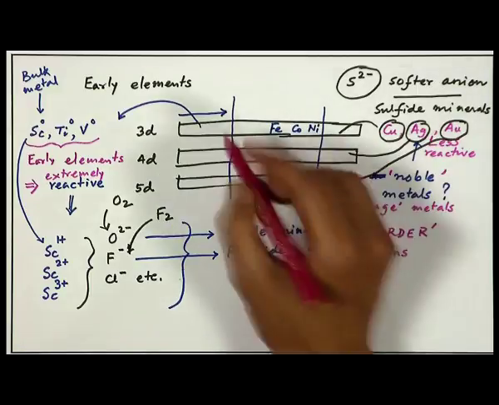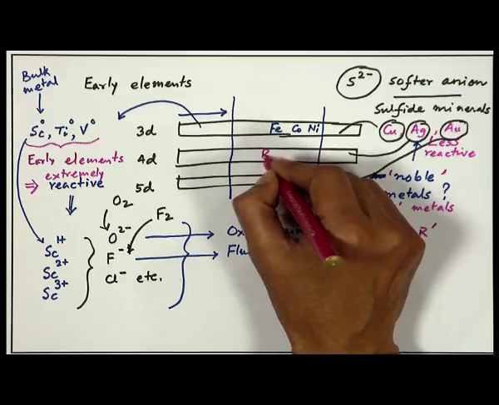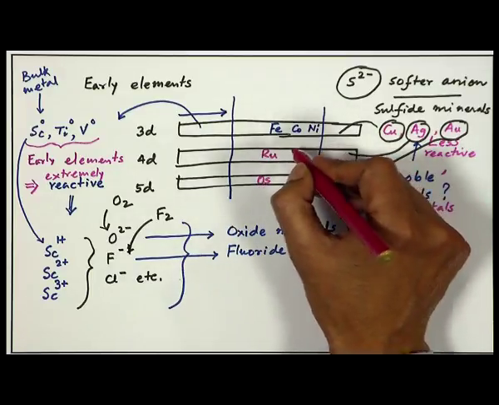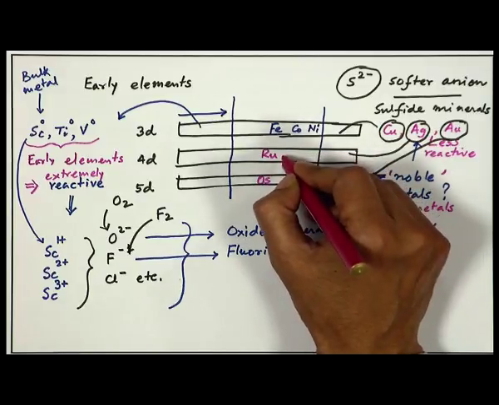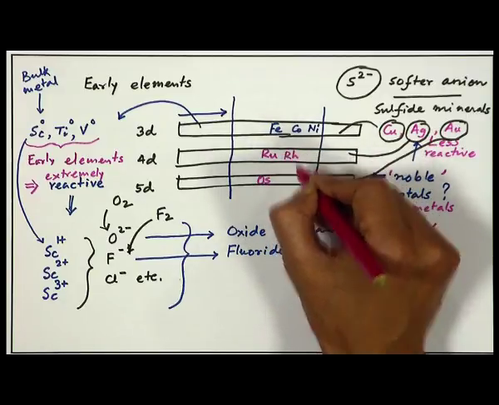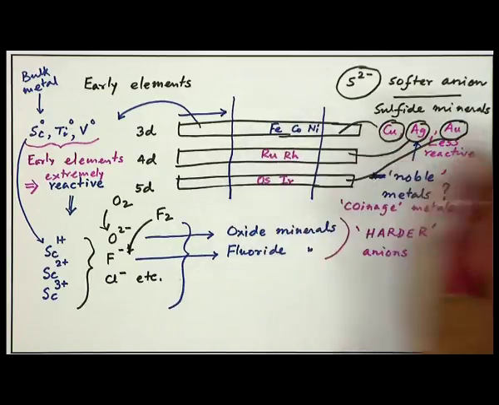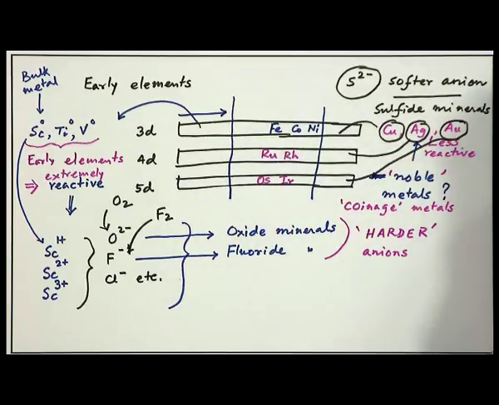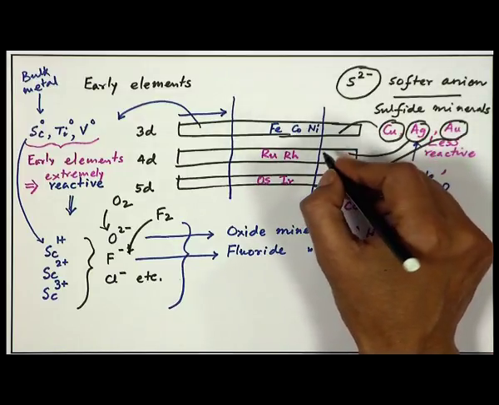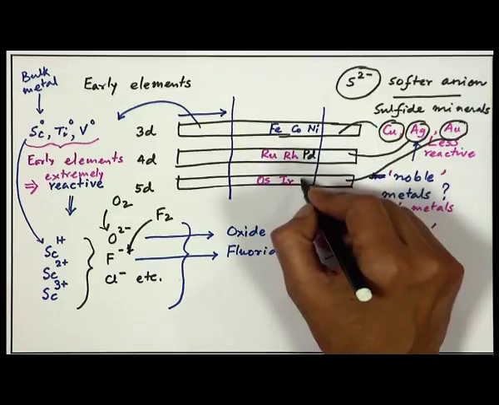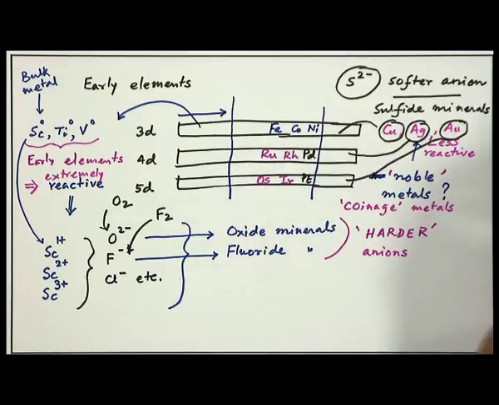We know the other congeners: for iron we have ruthenium, osmium; for cobalt we know rhodium, then iridium; and for nickel the next elements in the periodic table are palladium and platinum.